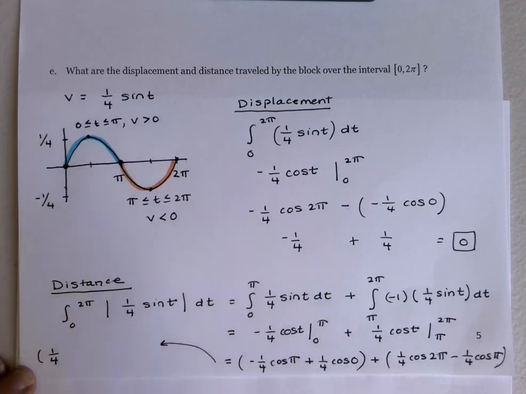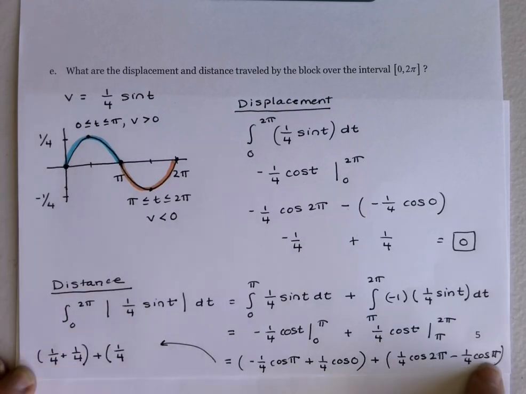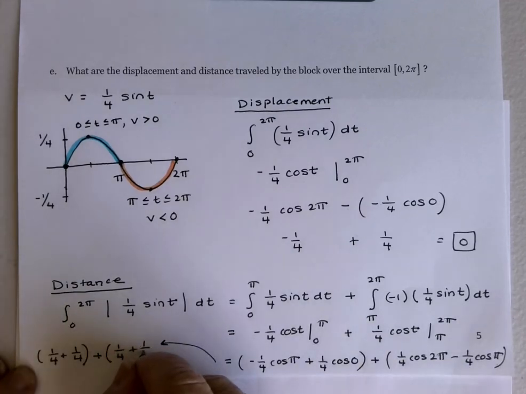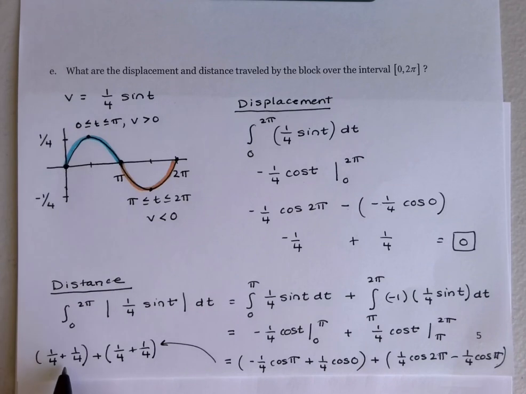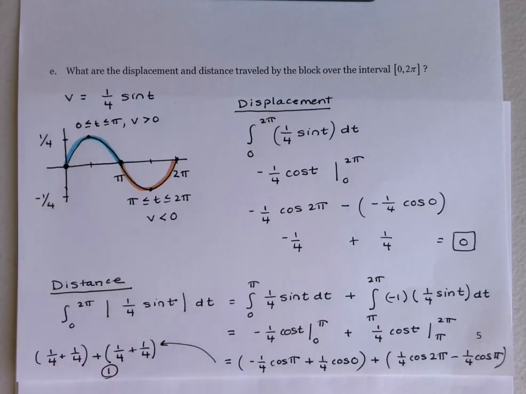Cosine of 0 is 1, so plus a fourth there. Cosine of 2 pi is 1, so that's positive a fourth. And cosine of pi is -1, so negative times negative makes that a positive a fourth. And we have 4 1/4 for a total of 1 is our distance traveled.